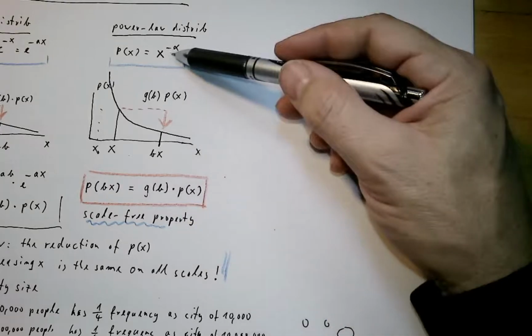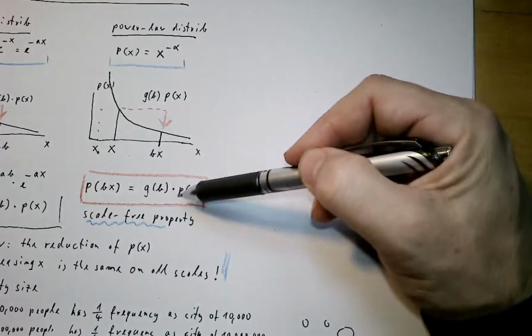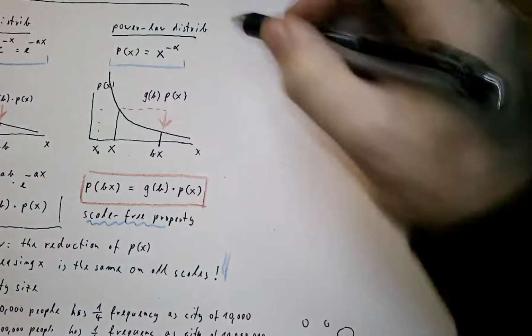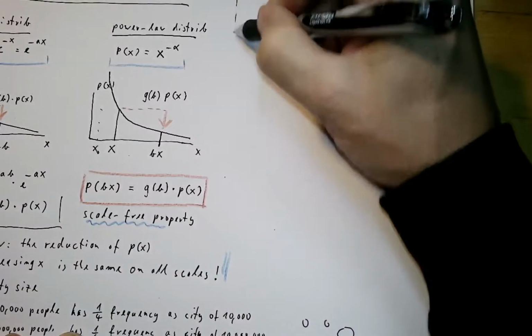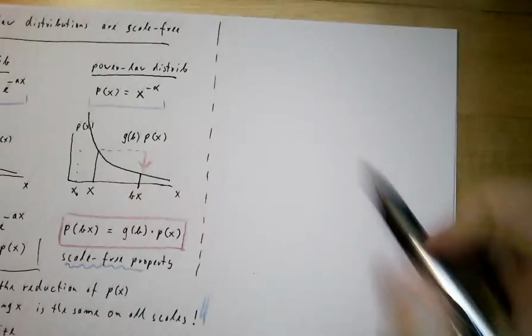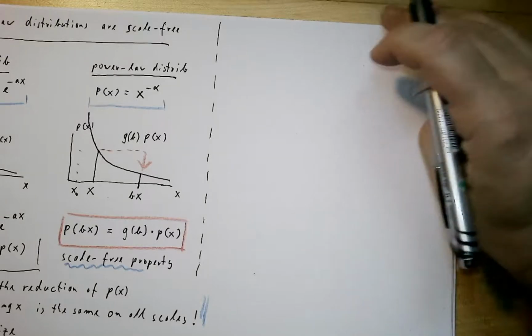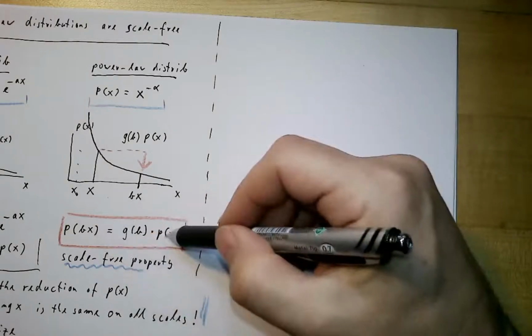Are these only power laws, or are there other probability distributions which have the scale free property? So I want to make a small calculation to show you that only power law distributions have the scale free property. So now let's assume we have a scale free property.